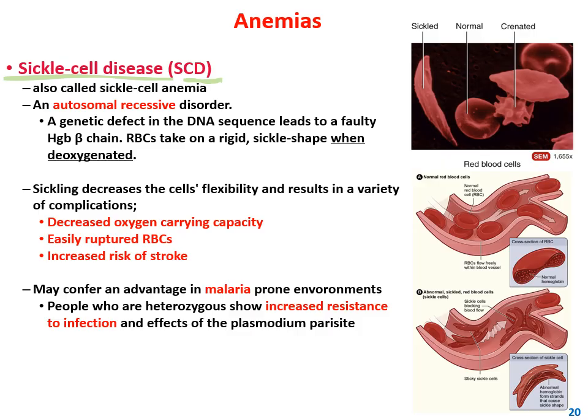There are different degrees of the phenotype of this disease. But basically, if you have only one defective allele, you are not in so much trouble as a person that has two defective alleles.